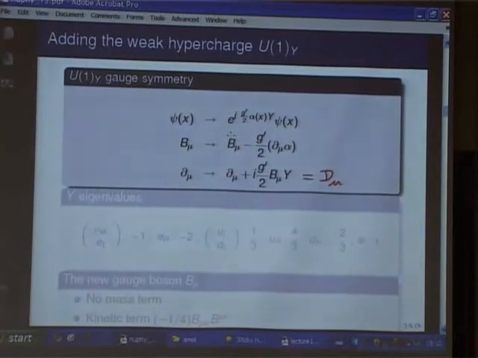So if you want this gauge symmetry, you have to introduce an extra gauge boson. That's the requirement: change of derivative and introduction of a gauge boson.